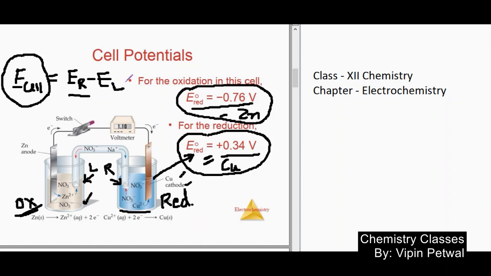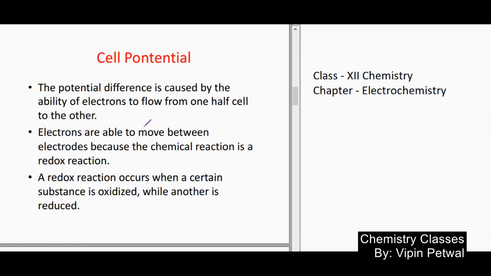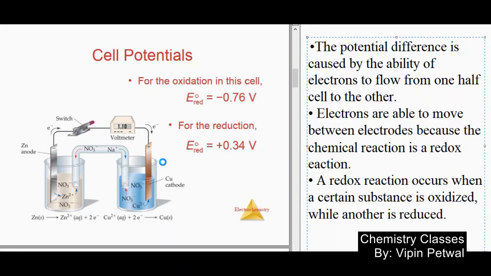Is it clear? Let's understand how this potential difference arises. So look here, the potential difference is caused by the ability of electrons to flow from one half cell to the other. Okay, it means this potential difference arises because of the ability of electrons to flow from one half cell to the other.